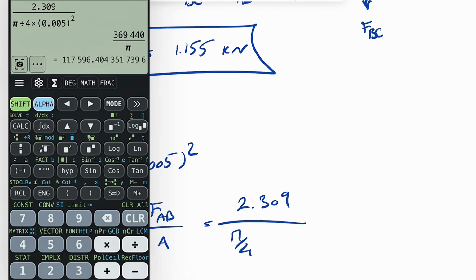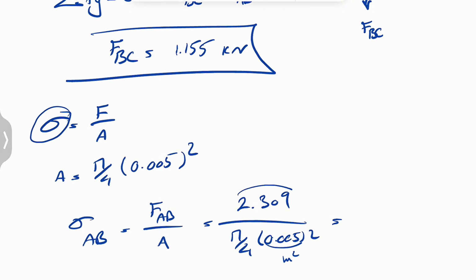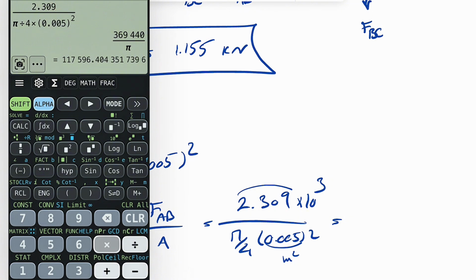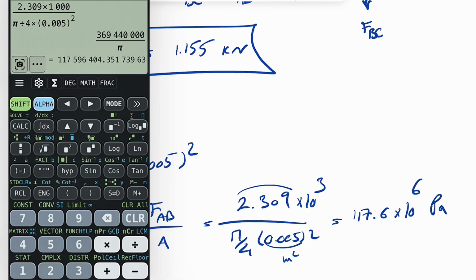Because we have kilonewtons here and meters squared, and if we want to get this stress in Pascals, we have to have the force in Newtons and area in meters squared, we're going to multiply this by 1,000. If we do that, what we're going to get is basically 117.6 times 10 to the 6 Pascals.